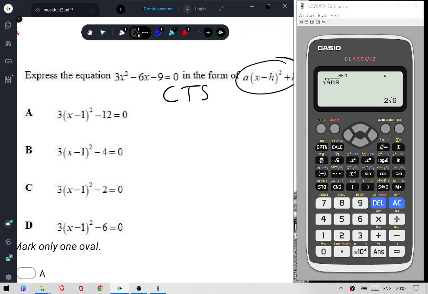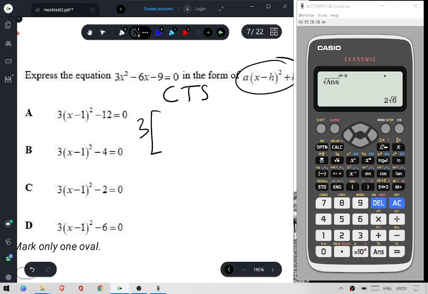As you can see over here, even though it equals 0, we have 3 in front of the bracket. So you have to factorize the 3 outside. Don't divide everything by 3, otherwise you cannot see the correct final answer. So take the 3 out. What's left is x squared minus 2x minus 3.